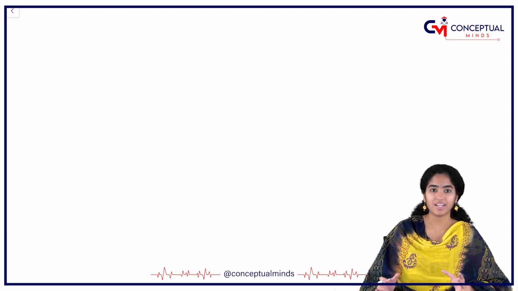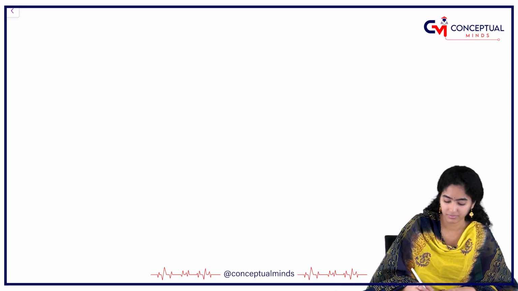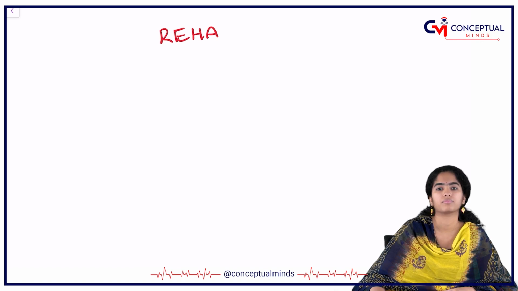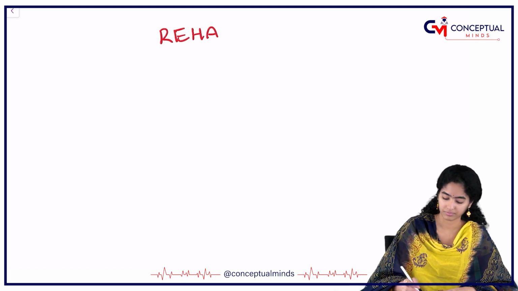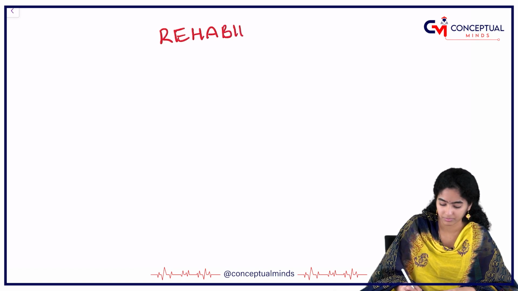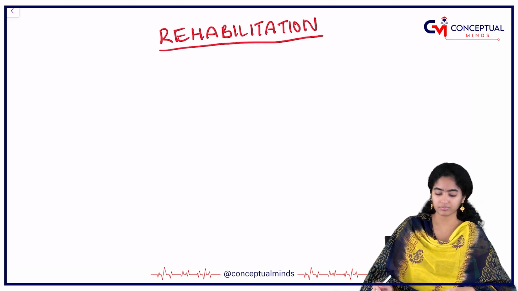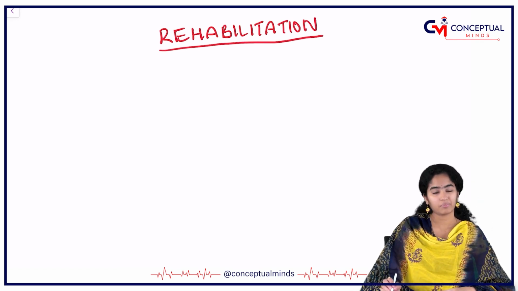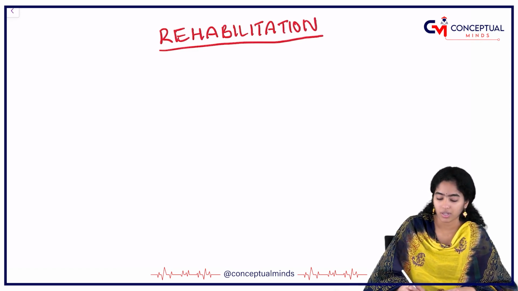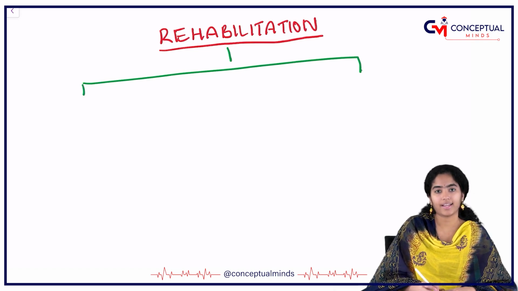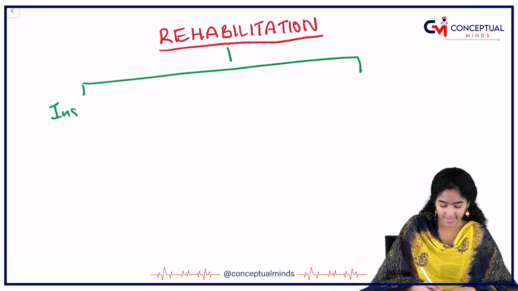Now what are the available methods? Let us see. Rehabilitation can be broadly understood by two headings, and they are: first is taking the help of instrumental devices.